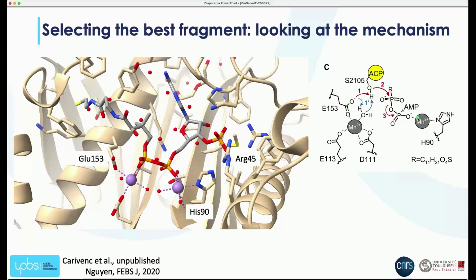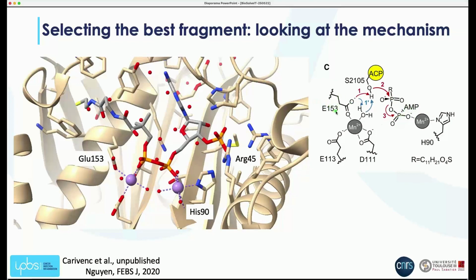You can see from this schematic that the reaction starts by the deprotonation of this serine by a glutamic residue, and the deprotonated serine will then attack the phosphate group of the PPant arm and release the ADP compound.